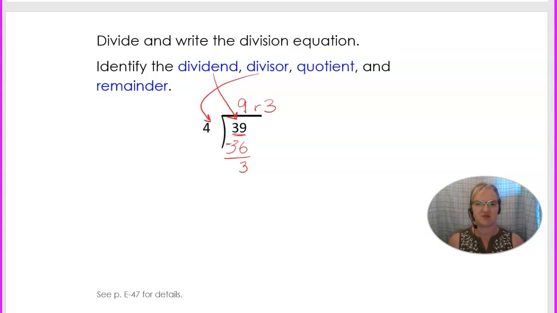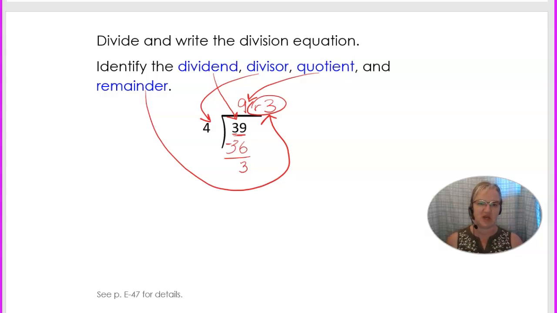This is the divisor, the number that's doing the dividing. The quotient is the answer, and sometimes we can say that the quotient includes the remainder, which is this part here. Always remember to put that R when you're writing the remainder so that we don't get confused and think it's 93 instead of 9 remainder R.